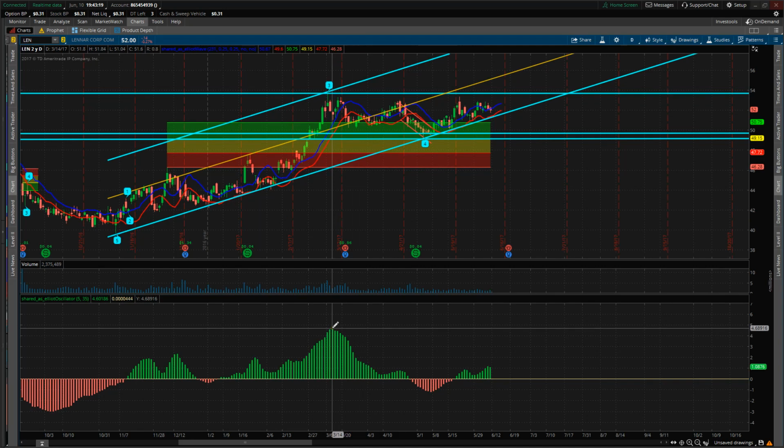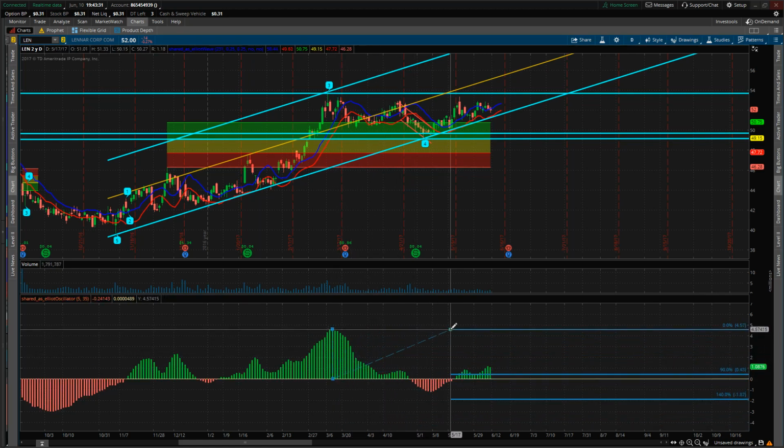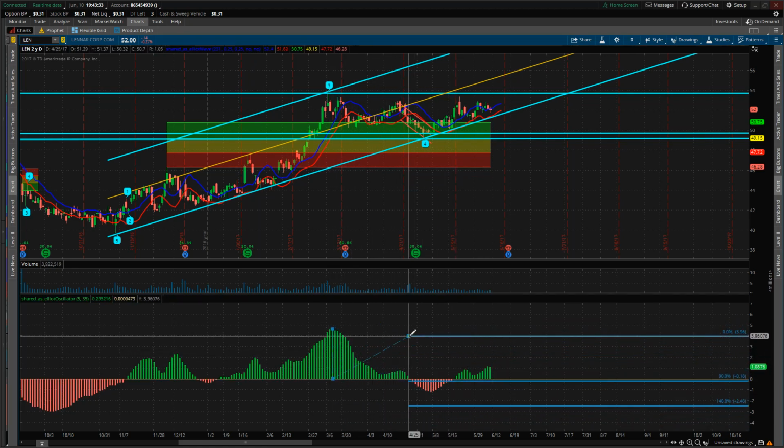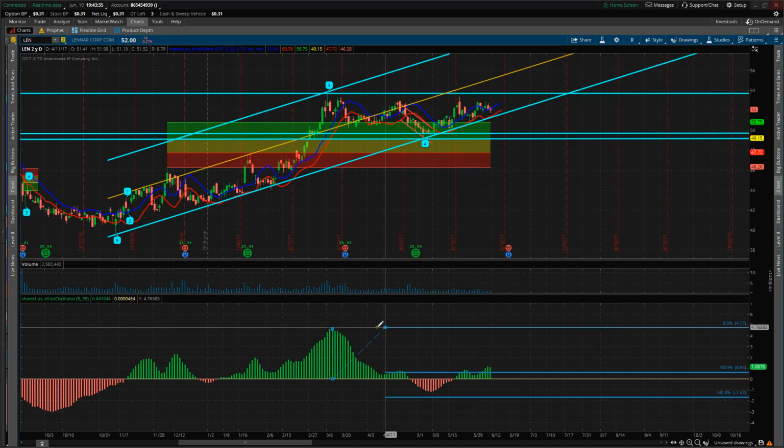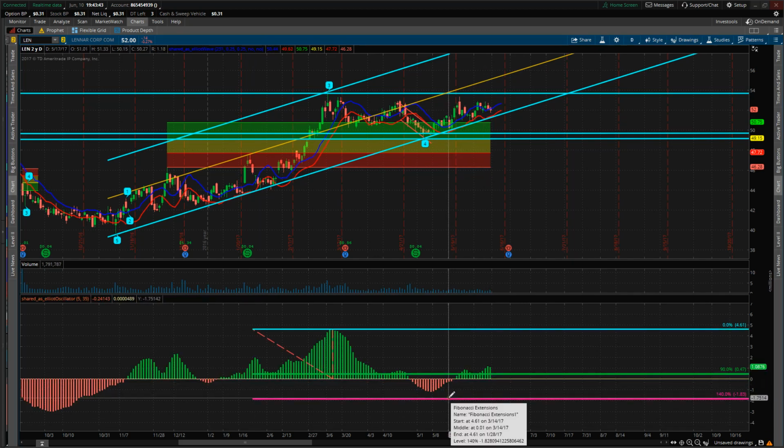This is the highest point. We click once. We then bring the tool down to the 0 line. We click again. We then bring it back up, just bring it across. So you got this line here. So it comes to the top again, okay? And then click again, and that sets it. Okay, so you got the 90 and the 140%.